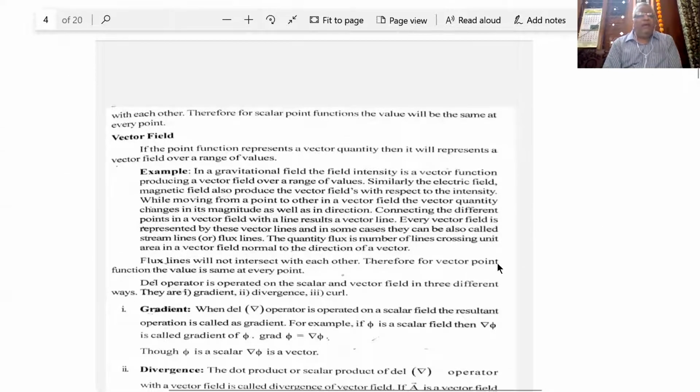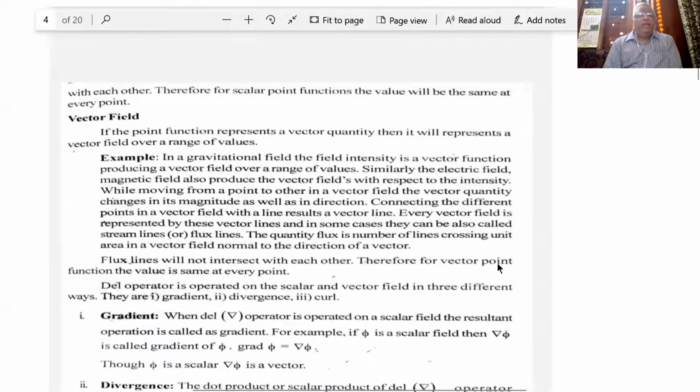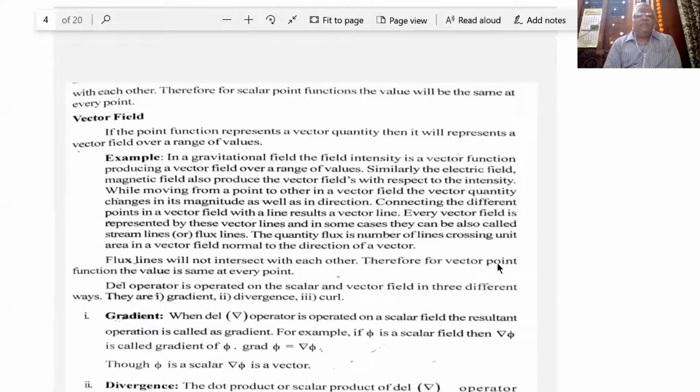Now we define vector field. If a point function represents a vector physical quantity, then it will represent a vector field over a range of values. Example, in a gravitational field, the field intensity vector produces a vector field over a range of values. Similarly, electric field and magnetic field also produce a vector field with respect to intensity.